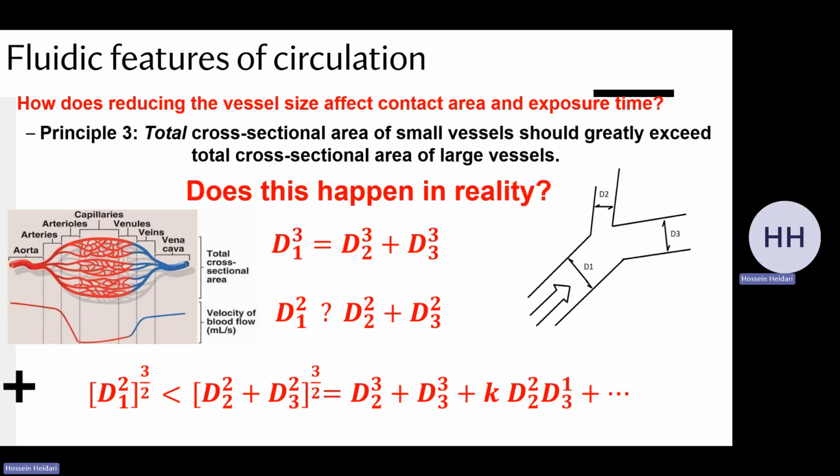And this is what you see here in this plot. I believe here you're looking at the inverse of that, which is the velocity profile. Yes, the velocity. So the velocity actually does dip down. It slows down as it gets to the capillary level, and then it speeds up a little bit, not as much as the inlet, but a little bit as it goes through the veins. And that's exactly because of that cross-sectional increase.